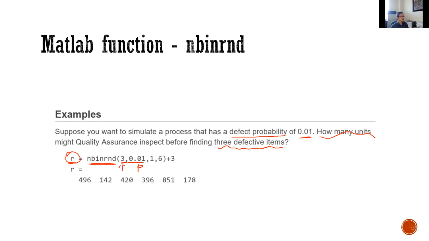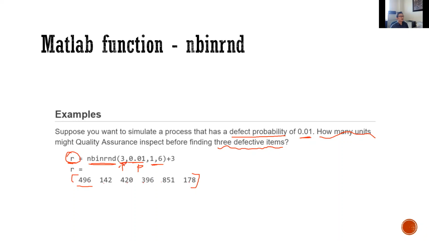Okay, and then for this function, I ask it to simulate this process 6 times, so let's create a vector of 1 by 6. So the number here is one of the simulations. You need to try 496 times to get 3 defects.